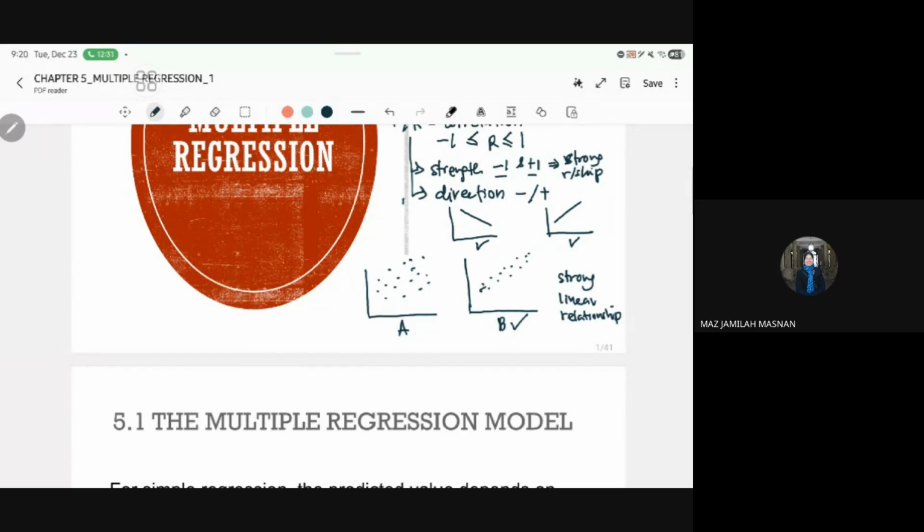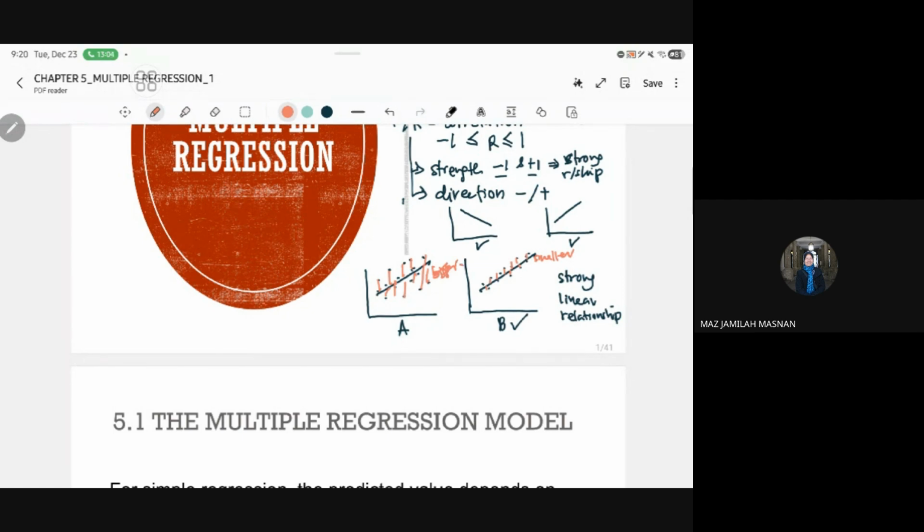Because when you draw the line, compared to this particular scatter plot, you can see that for this one, the distance of this point to the line is much bigger, compared to this one which is smaller. Smaller error. This one, bigger error.